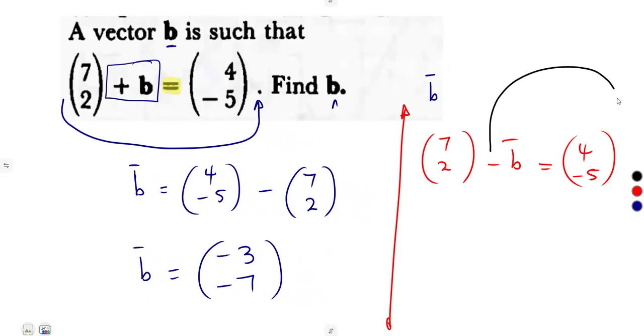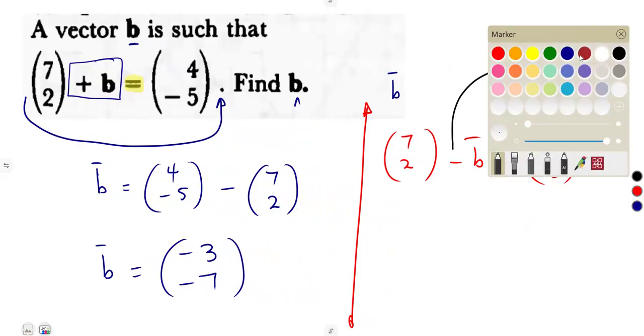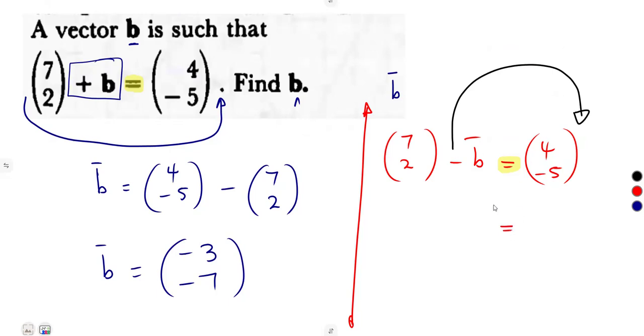We take that vector to the other side of the equation so that it becomes a positive the moment it crosses what? The equal sign. So vector B will be written on the right-hand side of our equation. So thus, the other vector 4 minus 5 will be taken to the what? To the left-hand side, where it is going to be a negative.